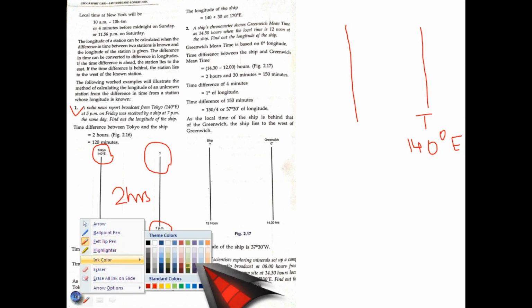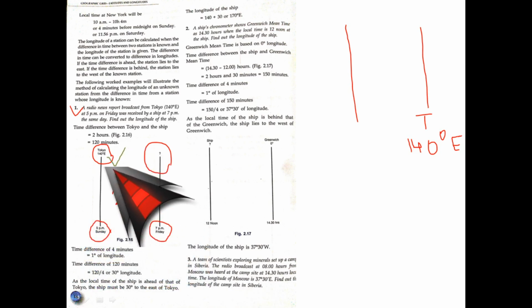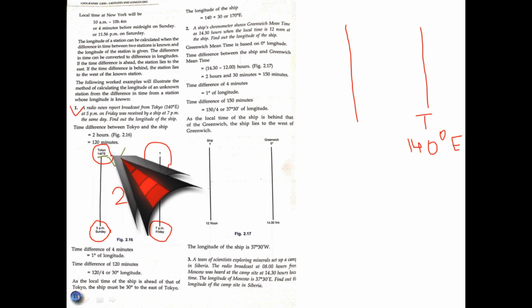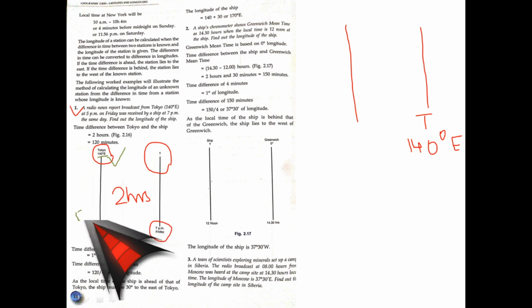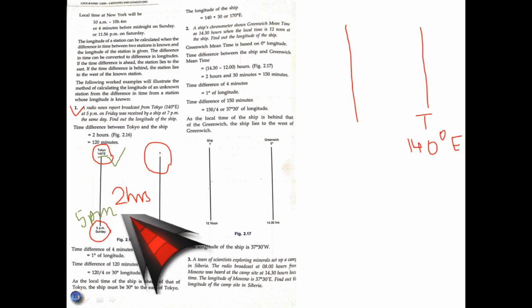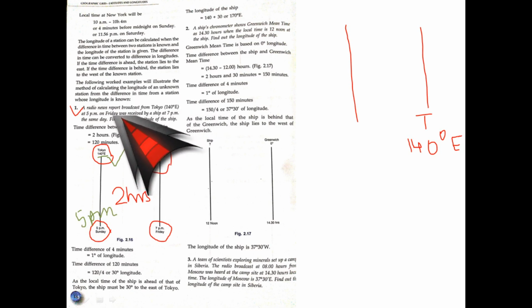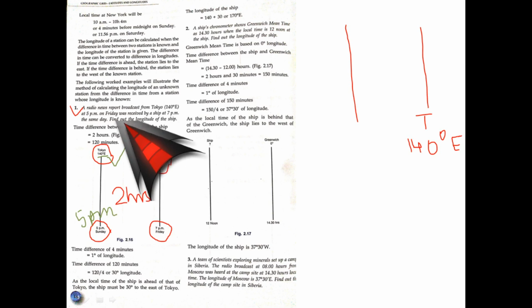Tokyo is at 140° east and at that time Tokyo's timing is 5 p.m.